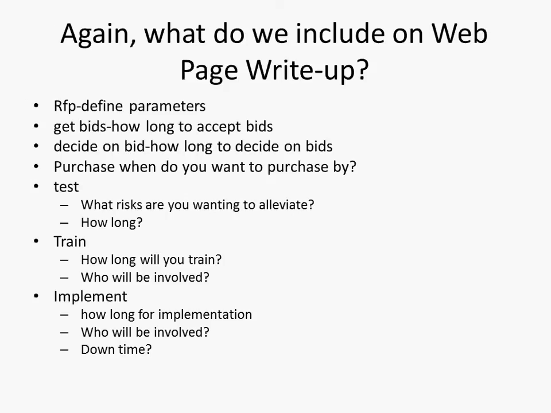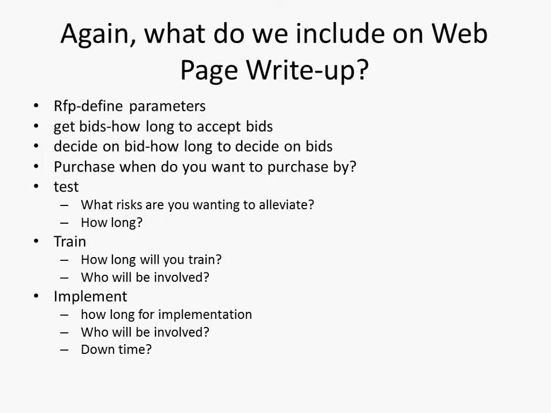You're going to have something on your web page that describes how long you're going to allow for those bids. Okay. Then you're going to have on your web page a certain section dedicated to how long you feel is good to decide and discuss the bids that you've received. Okay. Then you'll have a section on there that talks about purchase. When do you expect to purchase?